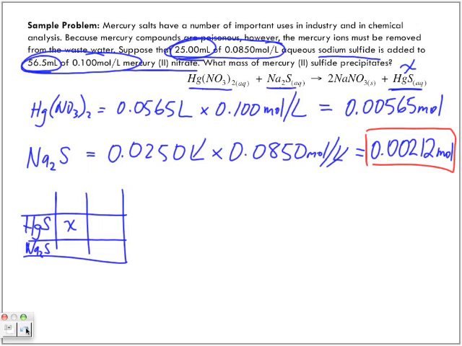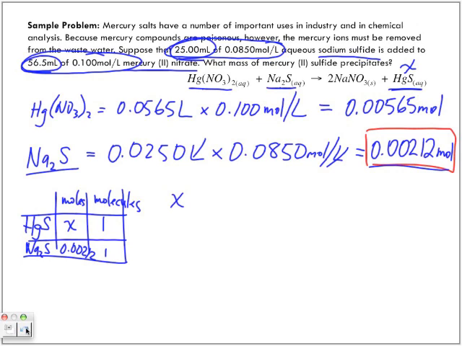We can't have more moles than 0.00212 moles. But what is the ratio between those two? 1 to 1. So because it's a 1 to 1 ratio, if we're using this many moles of sodium sulfide, we're going to have that many moles of mercury(II) sulfide.